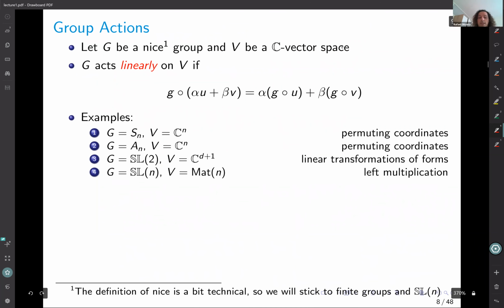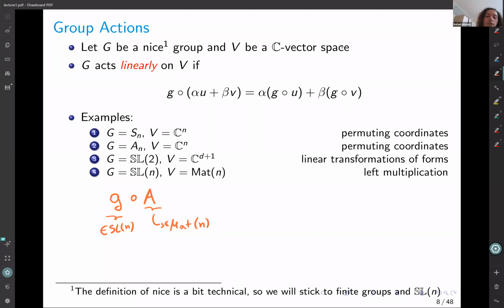And now let's see another example, which is a little bit more familiar to us all. I take a matrix G in SLN, and the action of G on a matrix A, which is just any matrix.